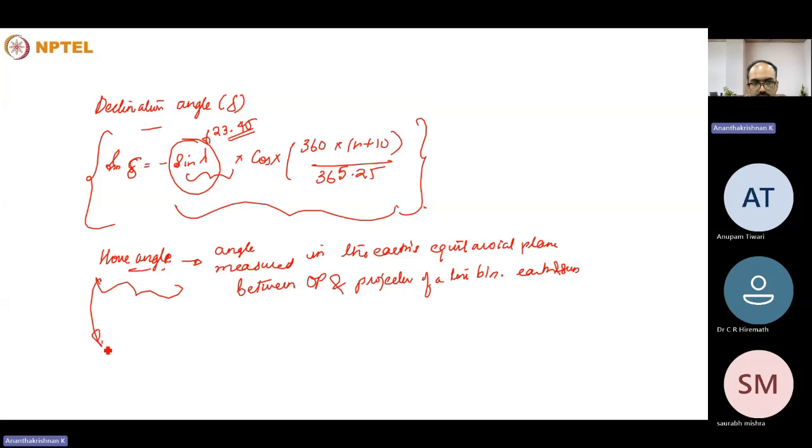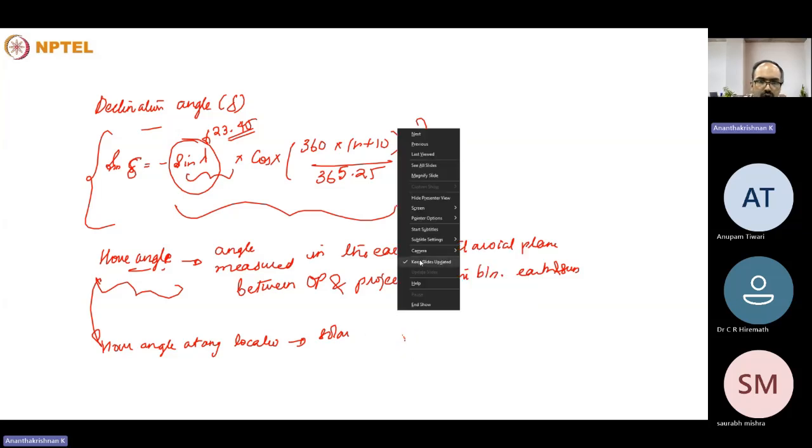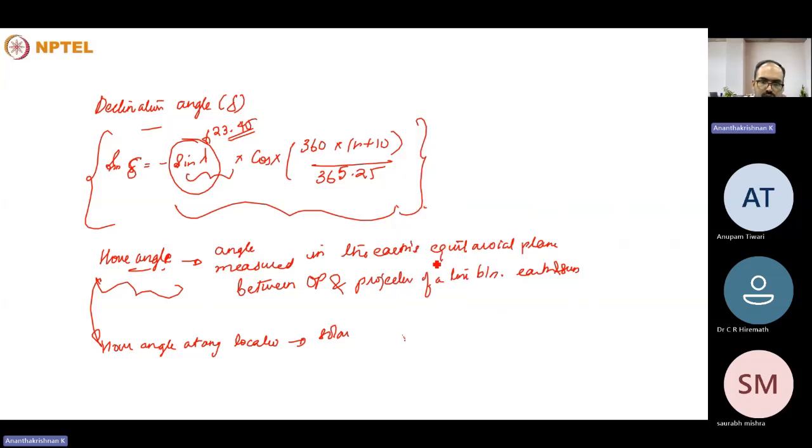So the hour angle at any location is given in terms of solar noon. Solar noon will not be the same as the actual noon. The noon in terms of 12 o'clock, you do not expect the sun's radiation to come directly on top of the person.